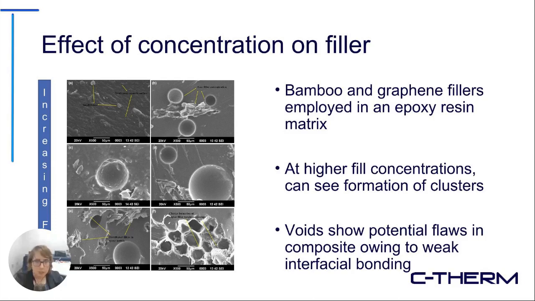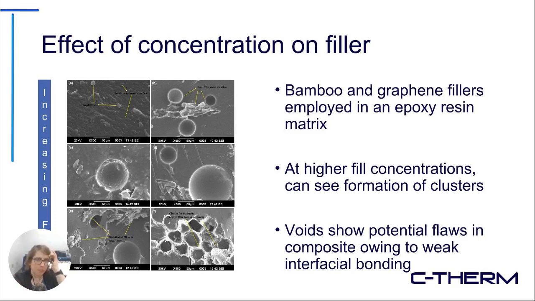Bamboo is often used as a kind of more renewable source of fibers to add to polymer composites to improve the structural strength of the polymer composites. And of course, the graphene fillers are often used to improve the thermal conductivity of these materials.